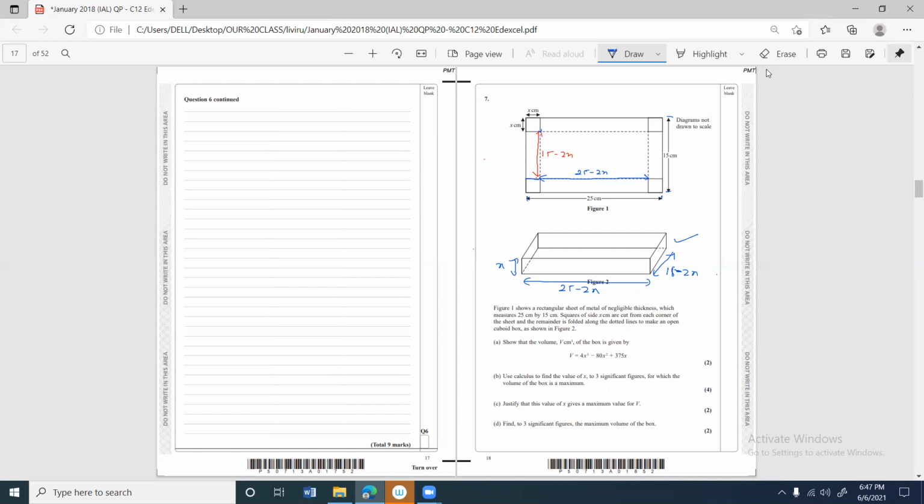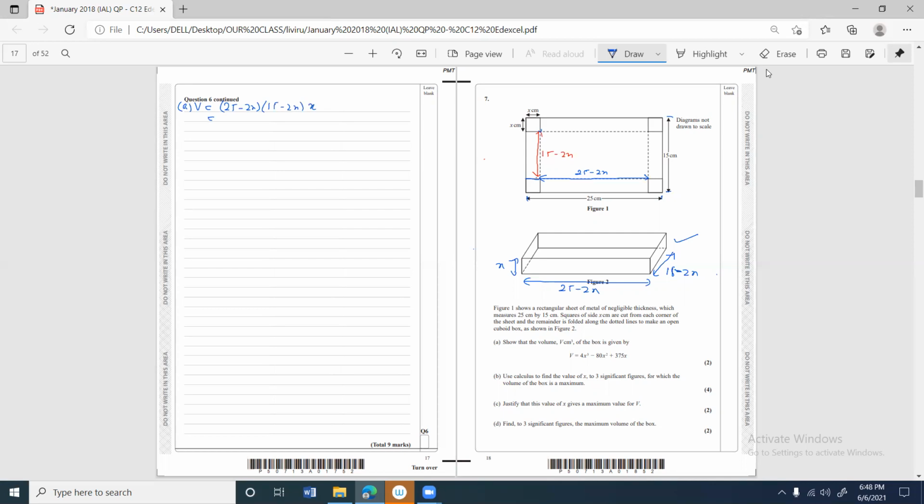Then we can work out the volume of a cuboid. Volume is length times breadth times height. Length is 25 minus 2x, breadth is 15 minus 2x, and height is x.